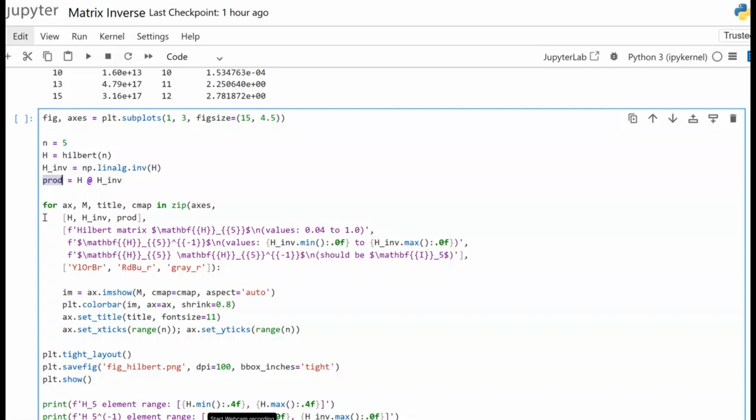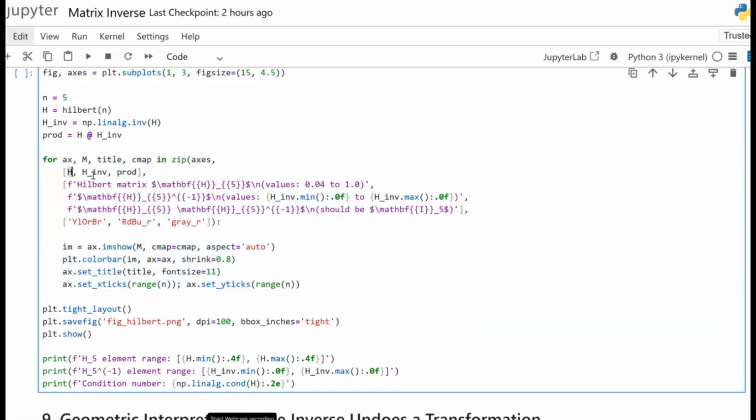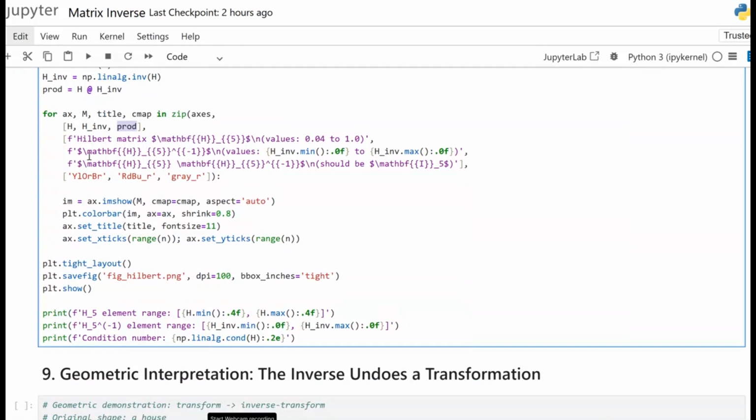Now let me visualize the structures. Here we are going to have the visualization with 3 panels: first H, second H inverse, and third the product of H and H inverse. Let me have panel A. Panel A has values from 0.04 to 1, with a smooth decay away from the top left, and it appears well behaved and structured.